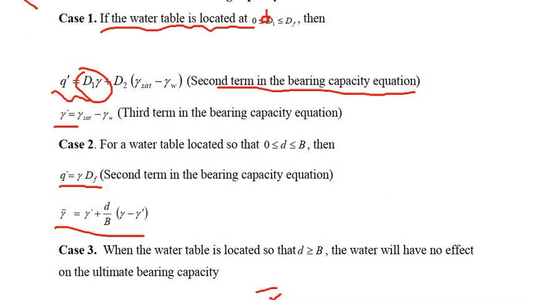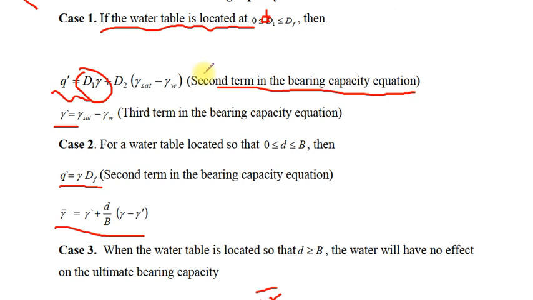Now, there are three cases of the effect of water table on the ultimate bearing capacity. The first case, when the water table is located between the ground level and the base of the foundation. The second case, when the water table is located at a level between the base of the foundation and a width B below the base of the foundation.